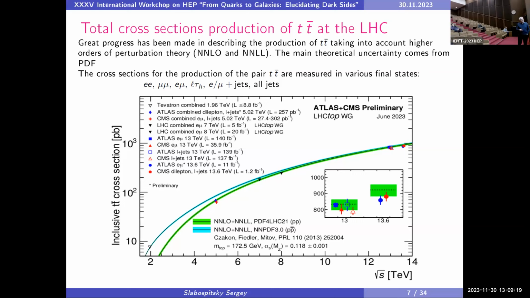And this year two values appeared at the highest energy, 13.6 TeV, from Run 3 data, and the experimental value is slightly lower than theoretical predictions, but anyway, it's the first measurement, the statistics is not very large, so we did not consider this discrepancy significant. We certainly expect that in future measurements, when we increase the total luminosity, the agreement will be better.